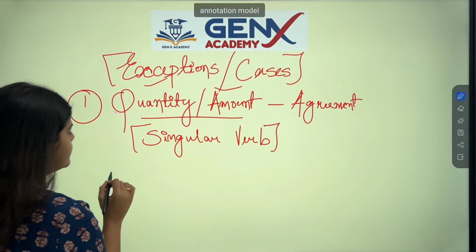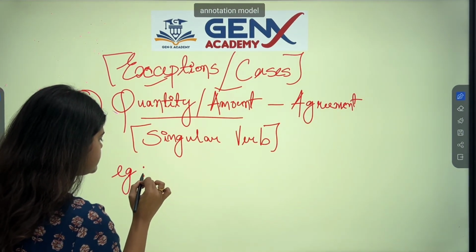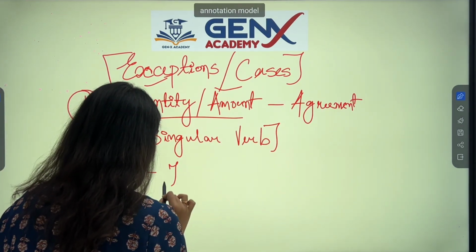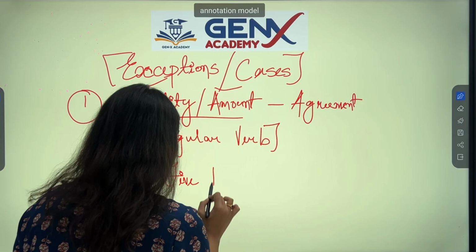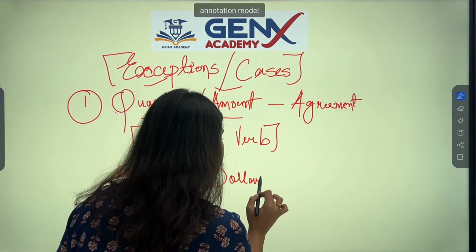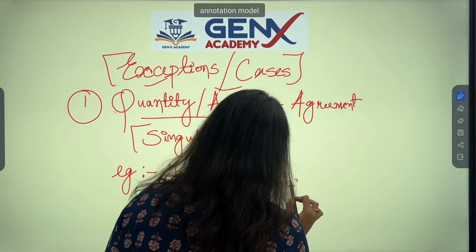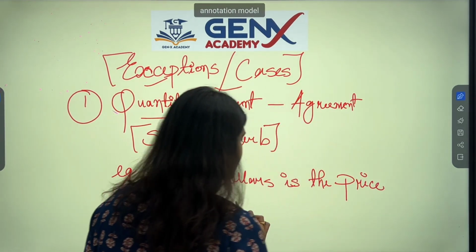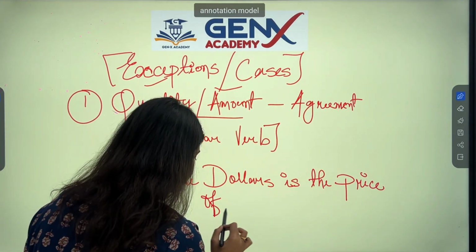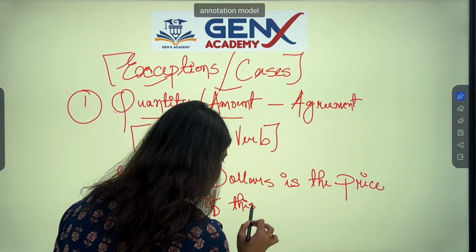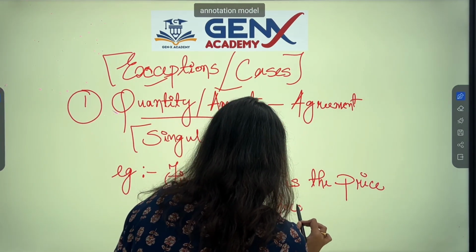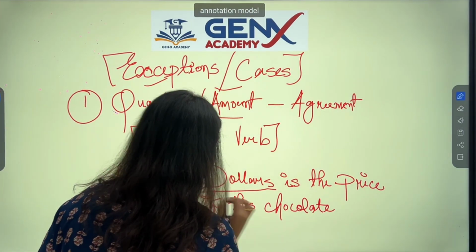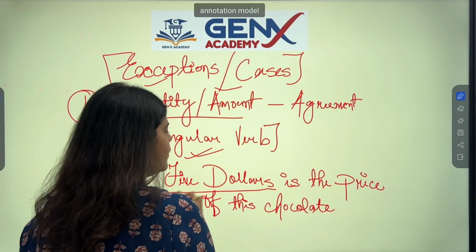Like, for example, $5 is the price of this chocolate. So now $5 is a quantity or an amount being denoted.